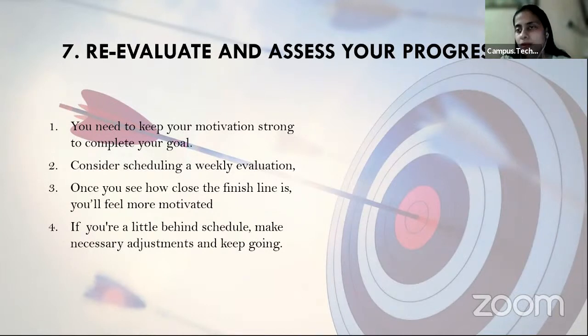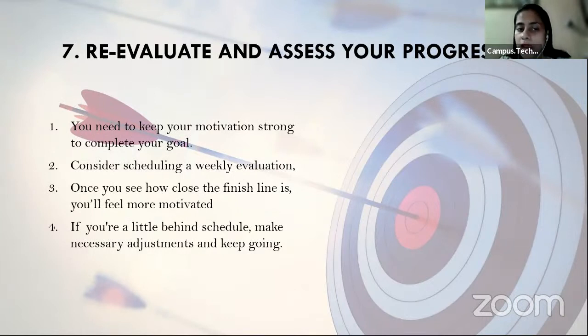No, make it your habit that whenever you are trying to achieve something, you are regularly checking it. Every week you check the progress, how close you have reached to your goals, and whether you are meeting your deadlines.